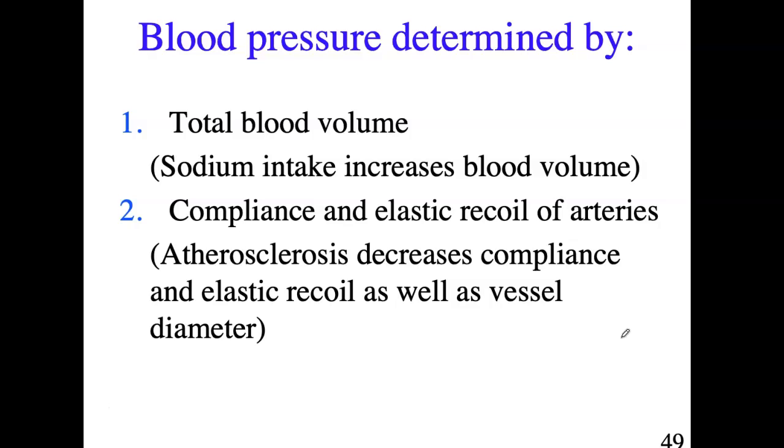When blood pumps through it, they don't stretch and they don't recoil. That's what compliance is, the stretch of it. So atherosclerosis is going to decrease that compliance and the elastic recoil, so you've kind of diminished this ability to help the heart pump. It's going to change the pressure.